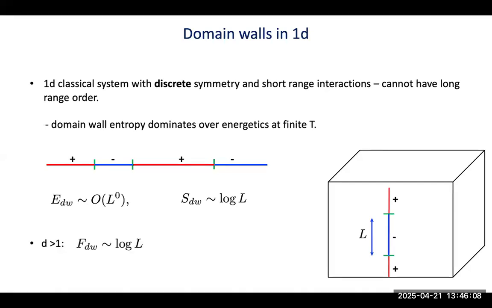And generically, this will also now scale as a logarithm of the separation of the domain walls. Why do I say free energy? Well, it's because all the spins in the bulk are now going to fluctuate in the presence of these boundary conditions. So now you have a non-trivial competition between the free energy of the domain wall and the entropy of domain wall positions. So which one wins is a matter of details.